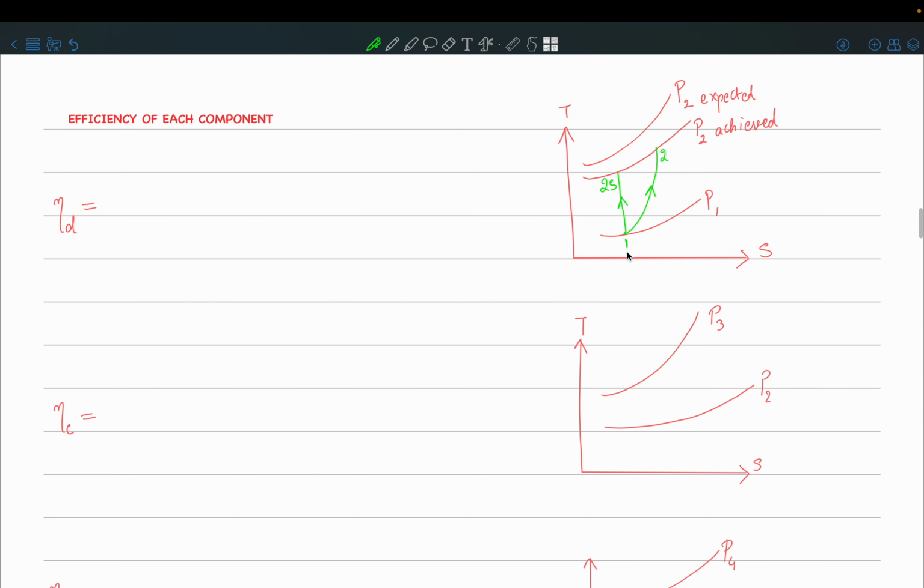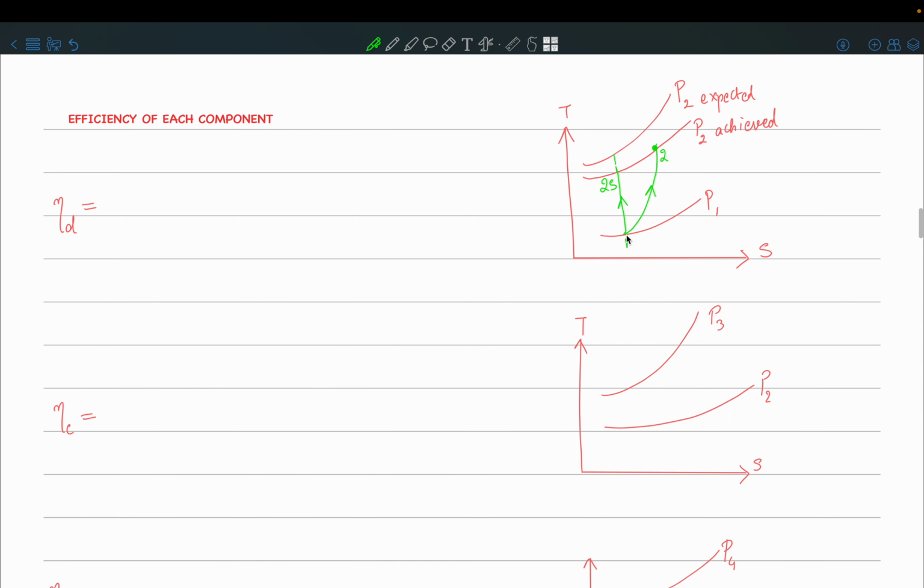So ideally you would go from state 1 to state 2 along this straight path. Expected is that you will achieve a pressure of P2 expected, but in reality the pressure achieved will be lesser, and it will be on a non-isentropic path.